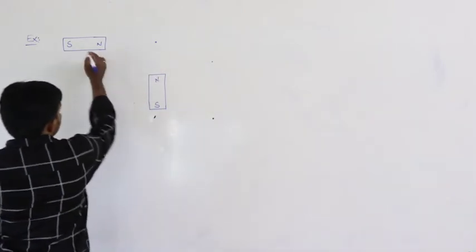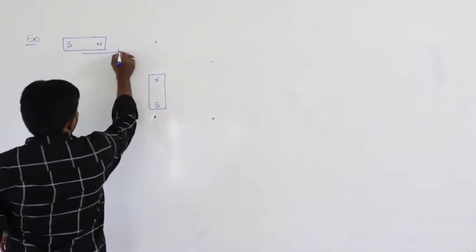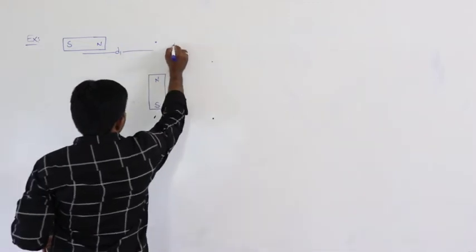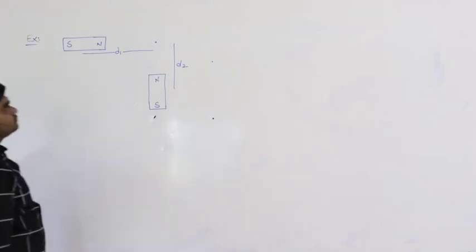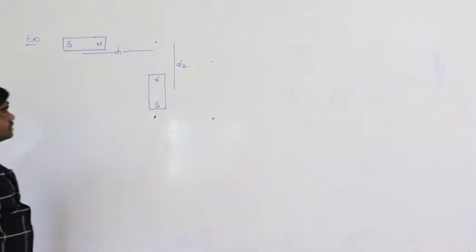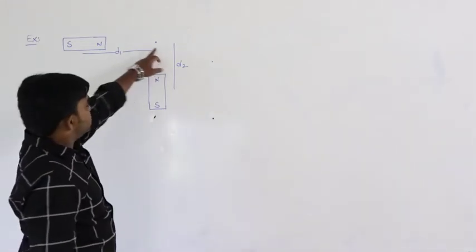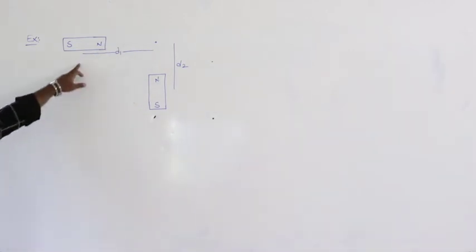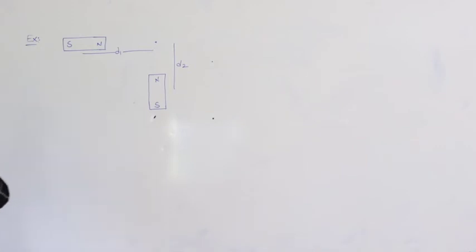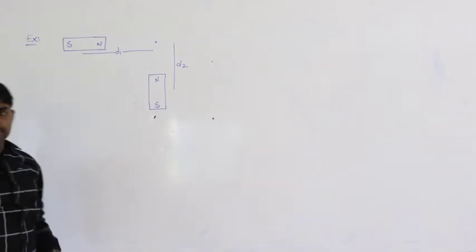It is at a distance d1 here, and from the center it is at a distance d2 here. What is the resultant magnetic field at this position due to the combination of these two magnets? How can we calculate this?